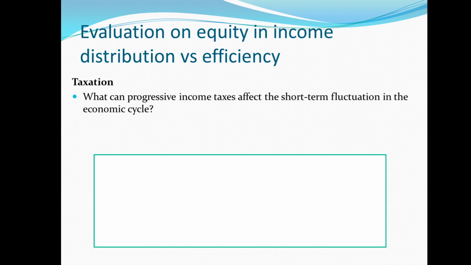It will help reduce, or you can say redistribute, more proportion of income. If you're at a high point, people usually have a higher income, but because of progressive tax, when they're earning higher income, they have to pay a higher proportion of their income for taxes.